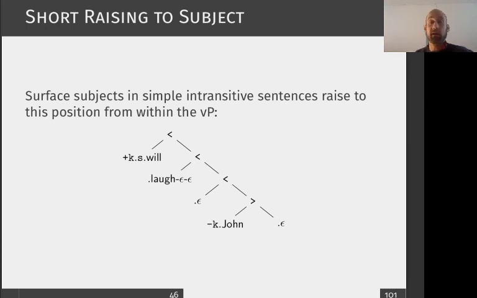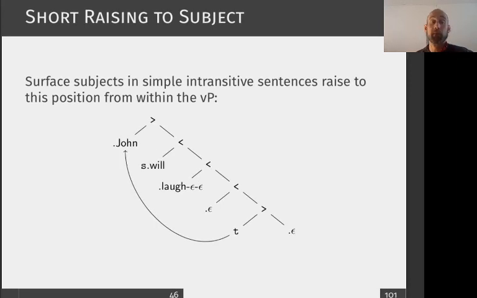The head of the entire tree is will, and it has features plus k and s. Okay. So this is a perfect situation for movement to apply. And there we go. Movement applies, canceling out the plus and the minus k features. We end up with this structure, and it only has one unchecked feature. It's at the head, and it is a simple category feature. So this is a sentence, and it's pronounced John will laugh. Okay.